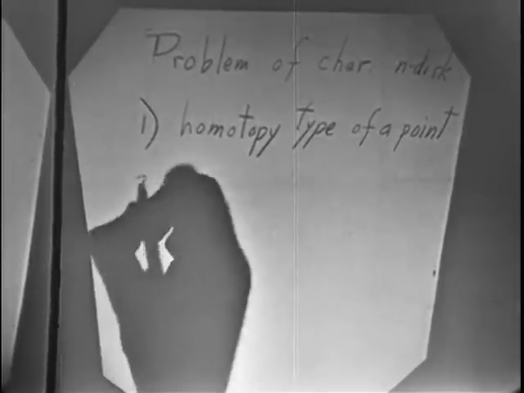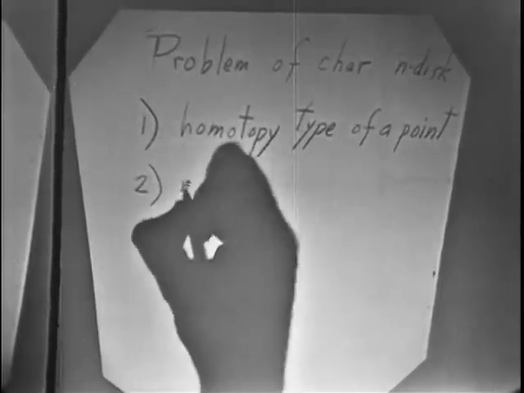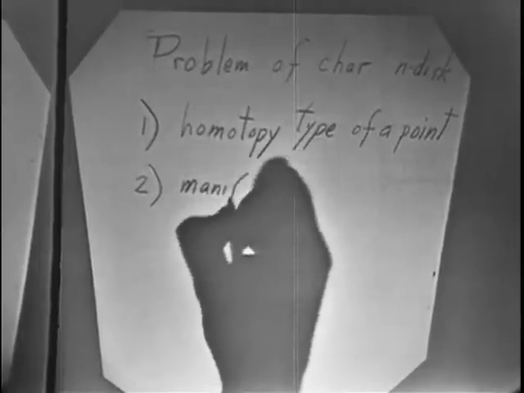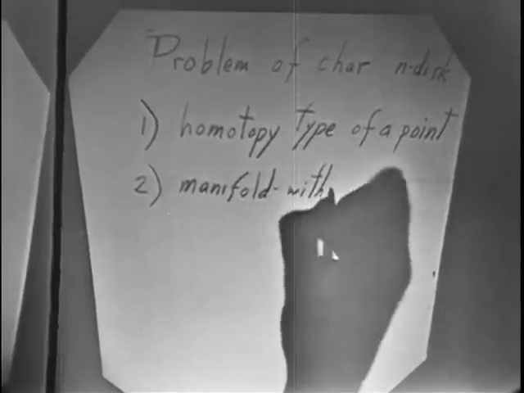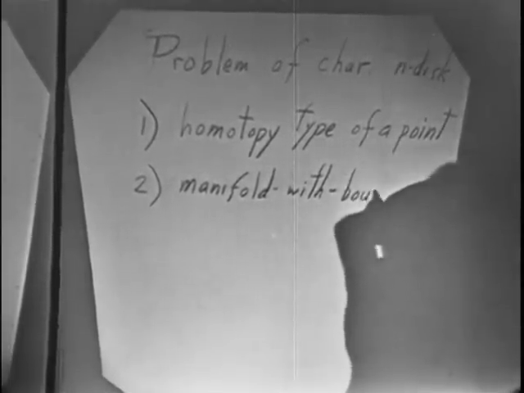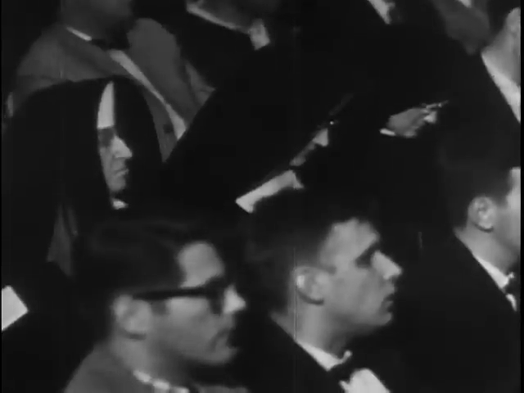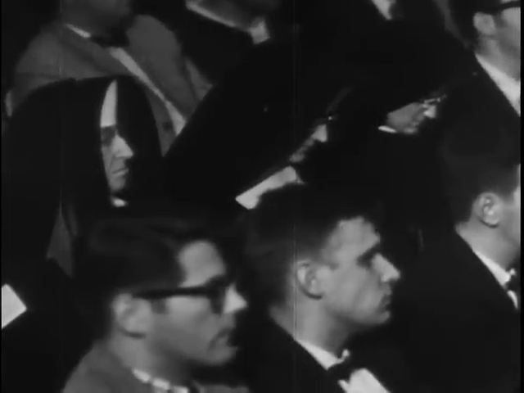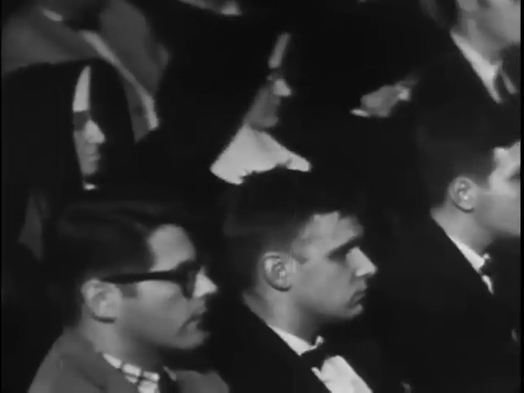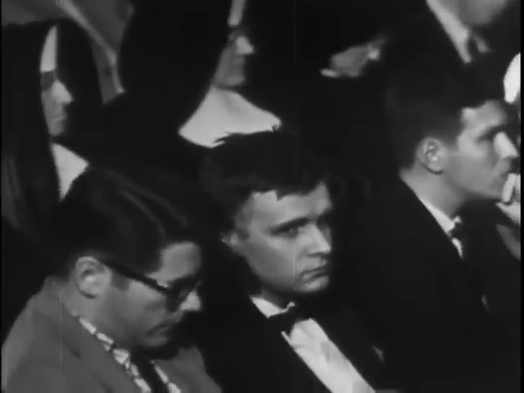And the second obvious property is that it's a manifold with boundary. Here we have 3 different categories. You can interpret it as being a manifold with boundary either in the differentiable sense, or the piecewise linear sense, or the topological sense.